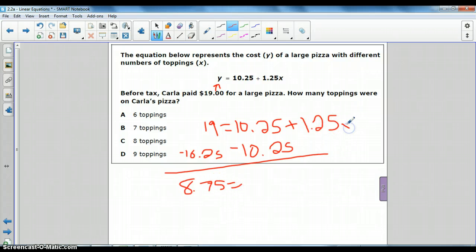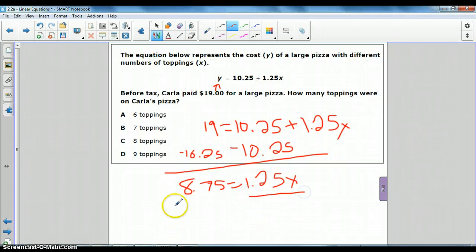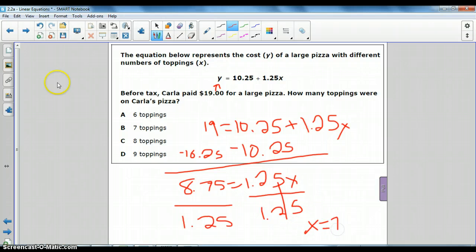Oops, I forgot my x there, didn't I? Goes to $1.25x. So basic price of the pizza was $10.25, and then she got $8.75 worth of toppings. And divide that by 1.25. x equals 7, so she got 7 toppings.